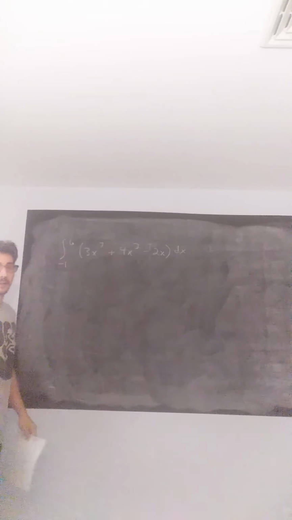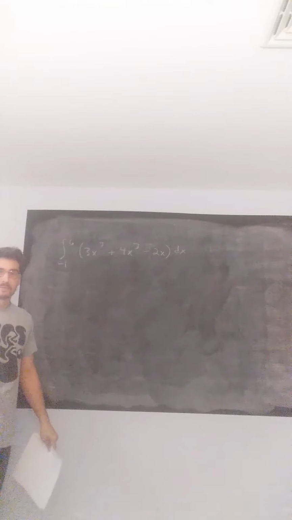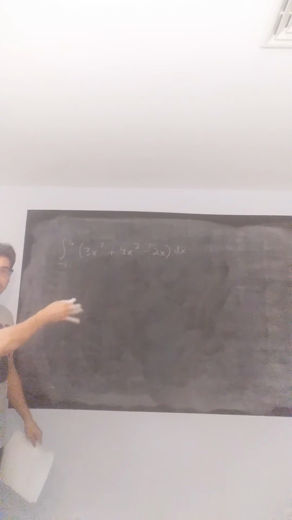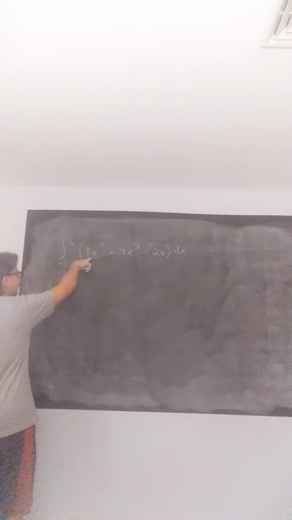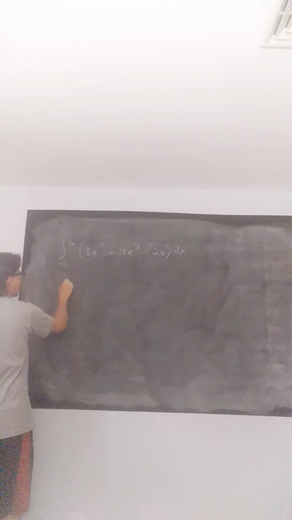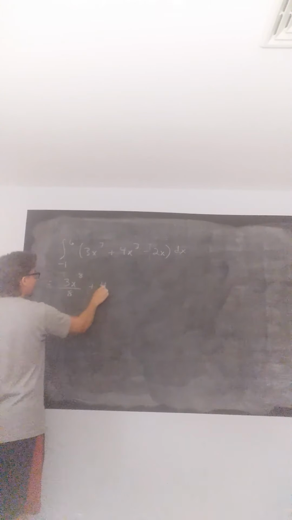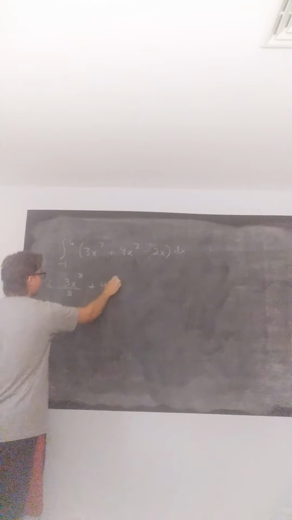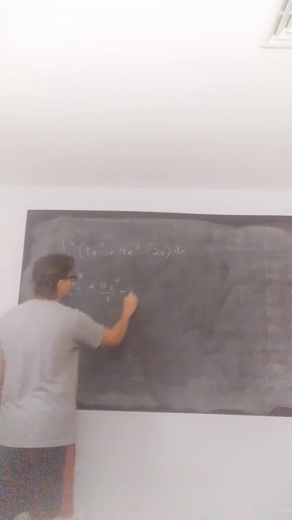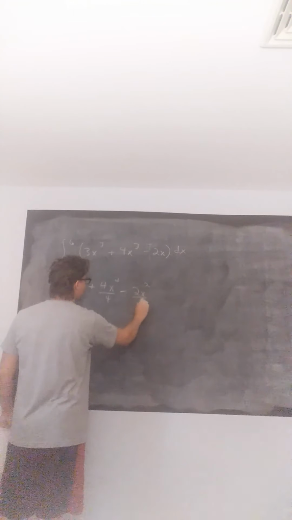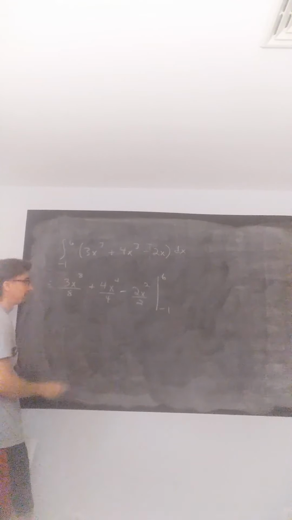So we want to integrate this thing. But again, essentially we could find the antiderivative of each piece and evaluate it at the endpoints. So 3x to the 7, if we integrate that, that's going to give you 3x to the 8th over 8, plus 4x cubed would be 4x to the 4 over 4, minus 2x would be 2x squared over 2, and it's evaluated at 6 and -1.